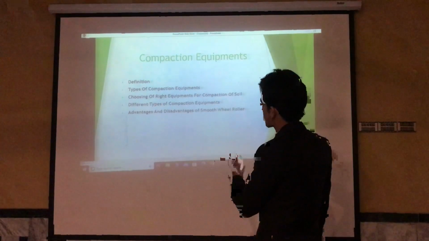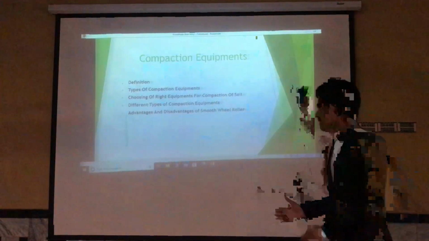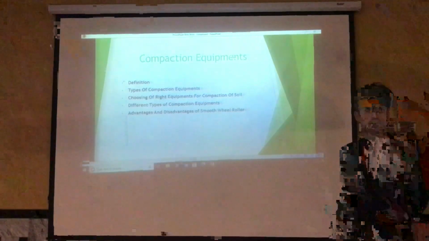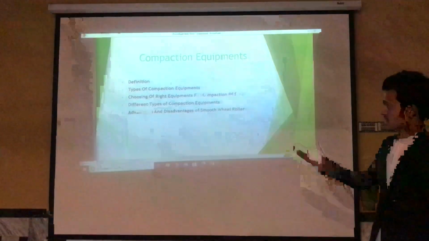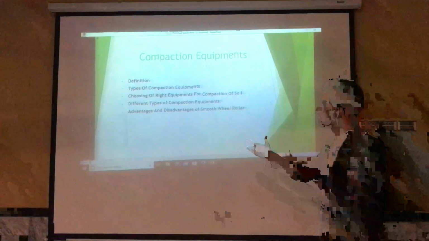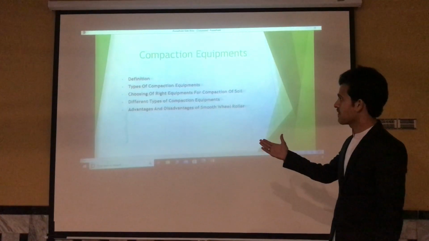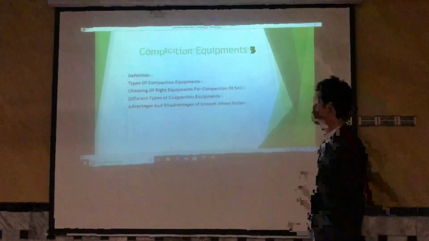So, the compaction equipments. First, we must understand why compaction is important. What is compaction? First we have some outlines: the definition, types of compaction equipments, and choosing the right equipment for compaction of soil.